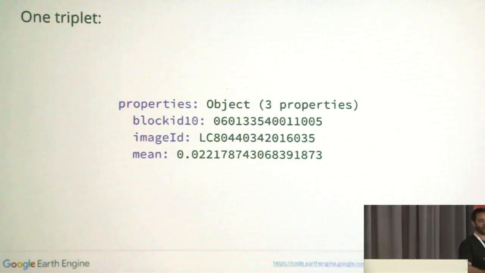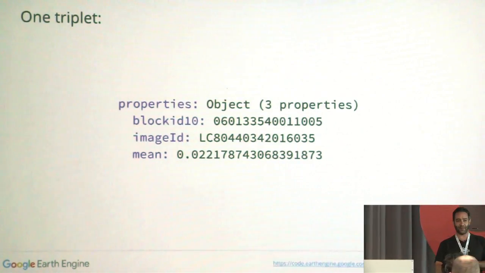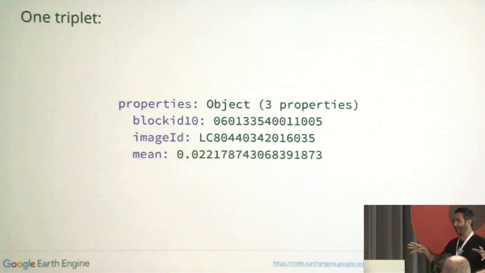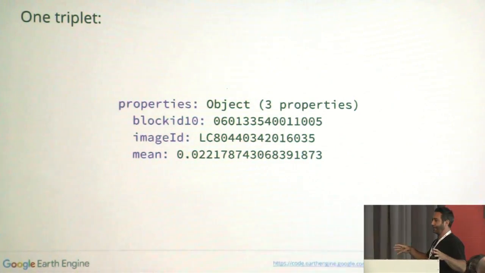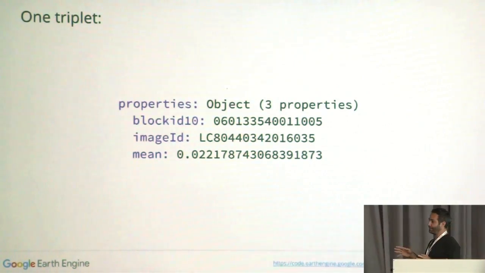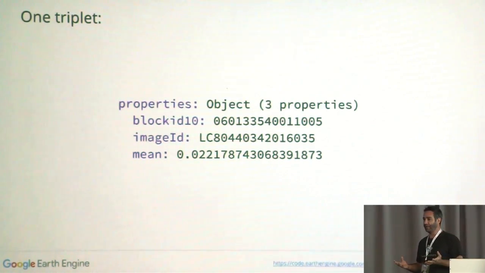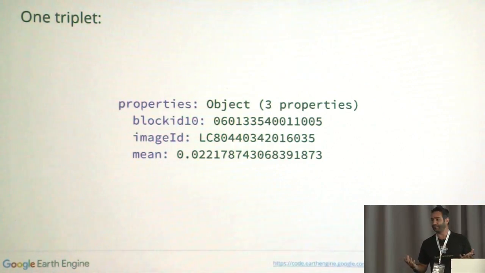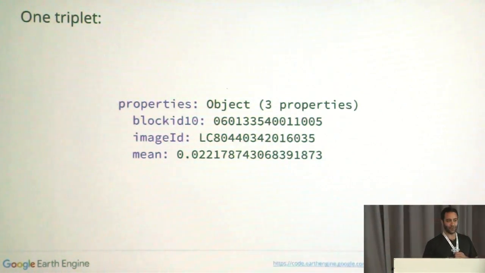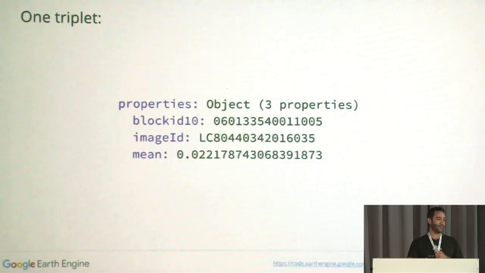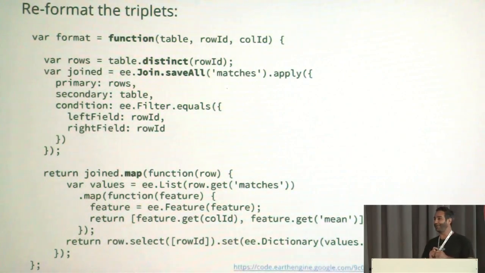But often what people want to do is in fact rearrange this into a table of rows and columns that you can then export in the shape that you want directly. So given that you want to keep going and reshape this inside Earth Engine, here is one way to do it.